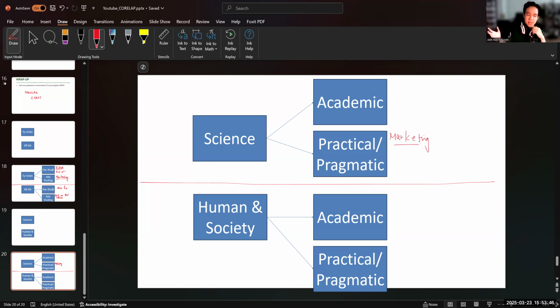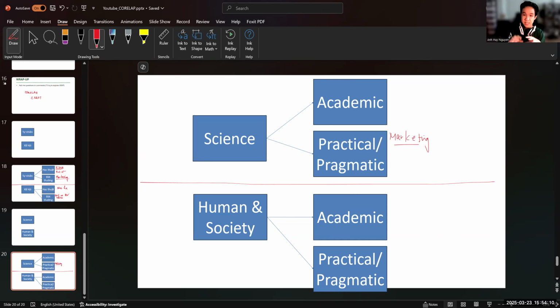But why pragmatic? Because when you think about marketing, it is very easy to conceptualize. Oh, so this is what marketing does. You promote a product so that you bring in more customers to buy the product. So it is not very hard to understand the major.